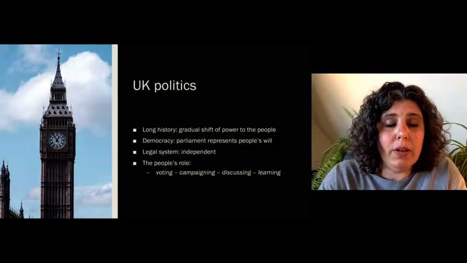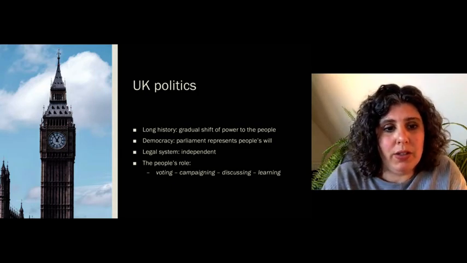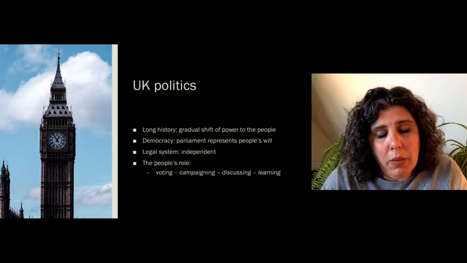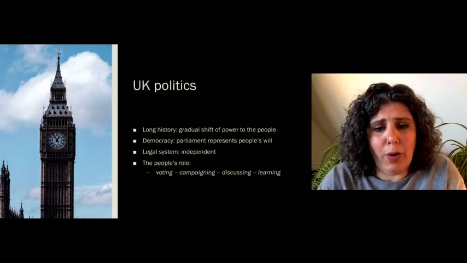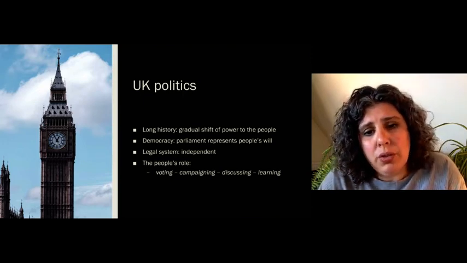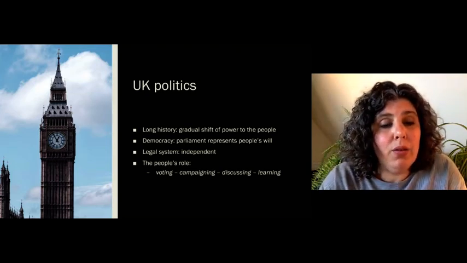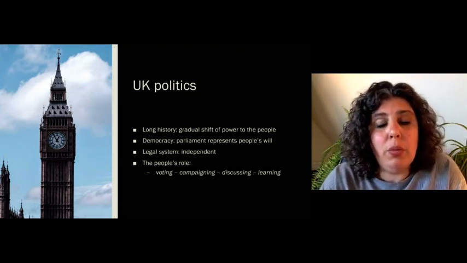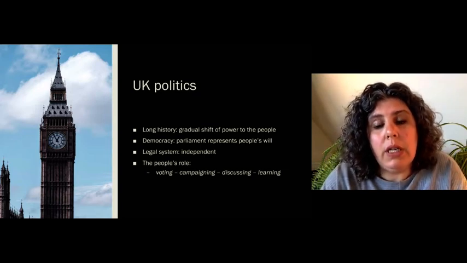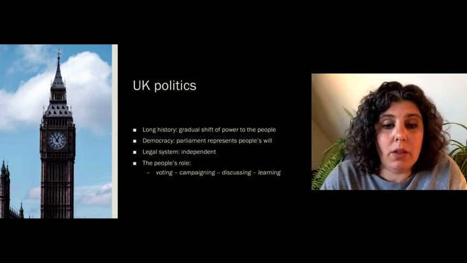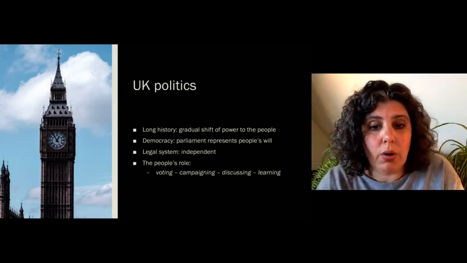So, over the course of these two presentations, hopefully I've explained that the history of UK politics is very long, but the overall story is of a gradual shift of power from a king who was a tyrant to the people who do vote and choose the people to represent them. And that as a consequence, we live in a democracy.